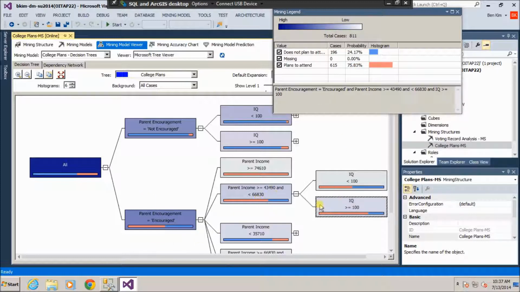Again, you can create another rule saying if the parents encourage them, and their income is between 43K and 66K, and the student's IQ is greater than or equal to 100, then there is a 75% chance that the person is planning to attend college. So you can create very accurate rules about what may happen with students.